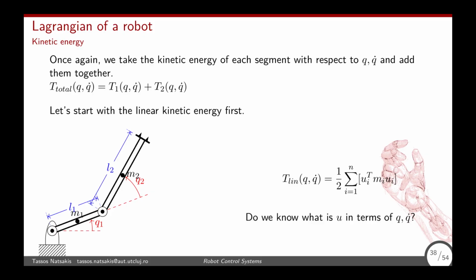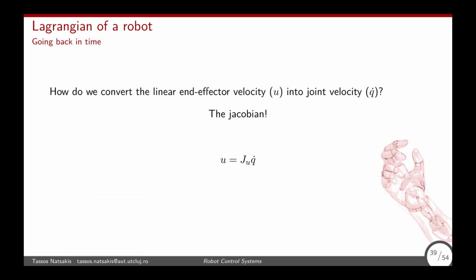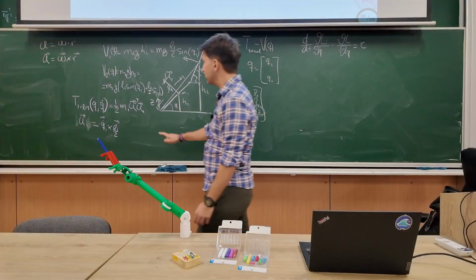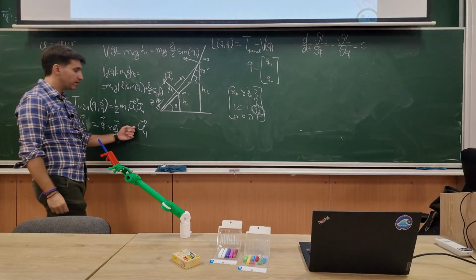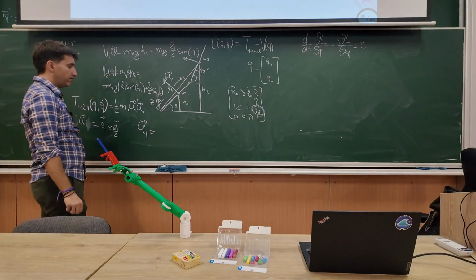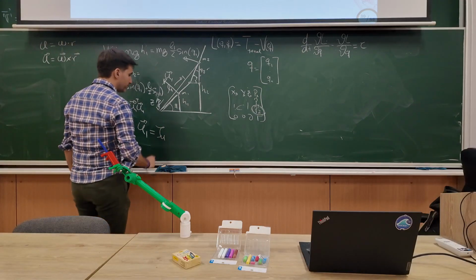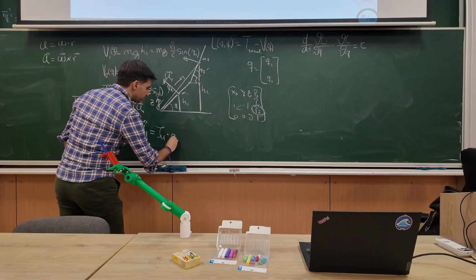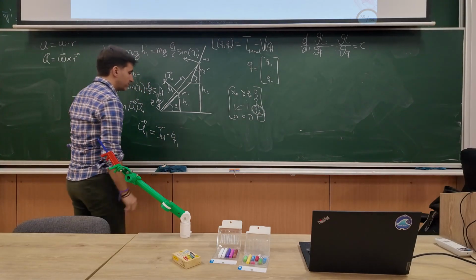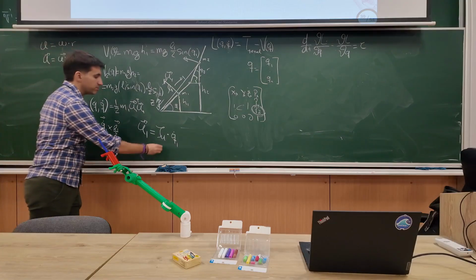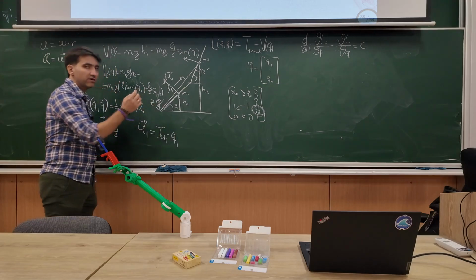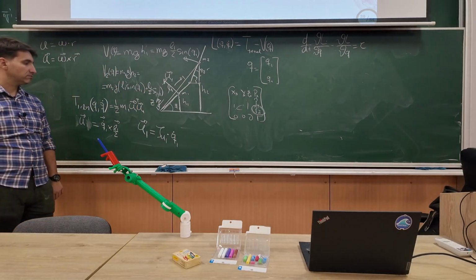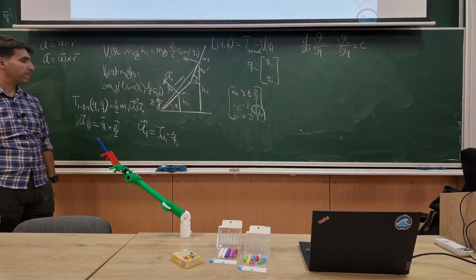But I want to calculate this as a function of q and q dot, and that's basically what the Jacobian does for me, right? So I can substitute this U1 vector, the linear part of the velocity, with the linear Jacobian times Q1 dot, correct? Let's put the 1 here. If we know how to calculate the Jacobian, we can substitute.